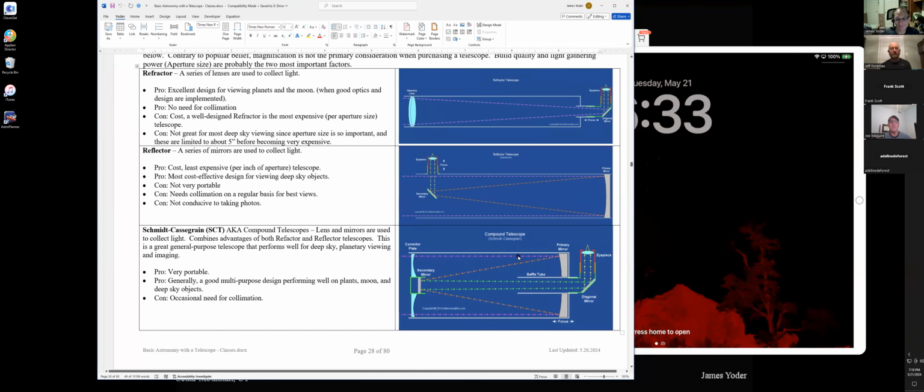I can tell you, even though the Schmidt-Cassegrain and the refractor telescopes, if you have them collimated, can give you really good images, I swear on my Maksutov telescope, and usually Maksutovs only get up to about 5 inches because of this corrector plate up here. I have seen them as big as 8, but I don't think they make them any bigger than that. They get really heavy really quick.